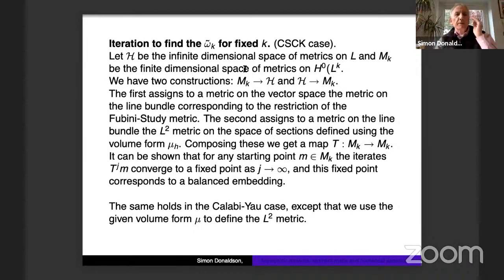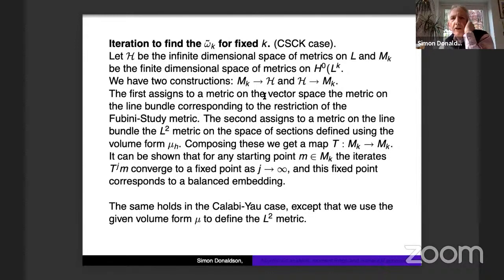My way of saying it is this: there are two basic constructions. One is a map from the space of Hermitian metrics, H_k, a finite dimensional thing, to the infinite dimensional space, and the other is a map in the other direction. So what is the first one?